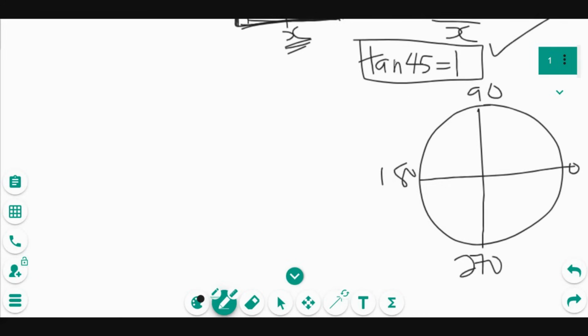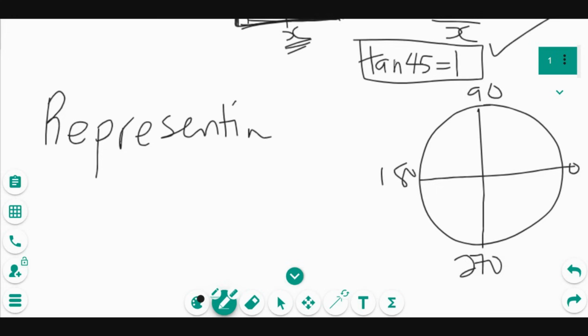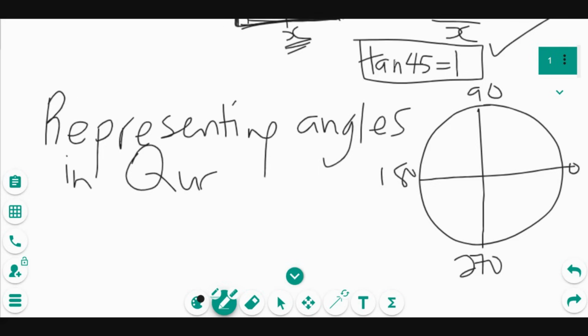So I'll give a simple subheading, representing angles in our quadrats. In quadrats, we have 4 quadrats.